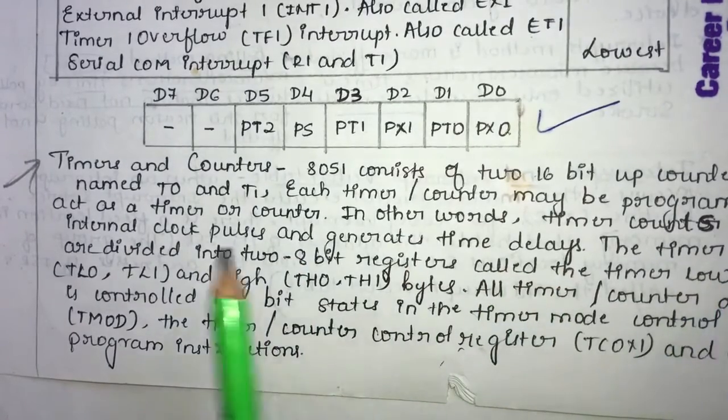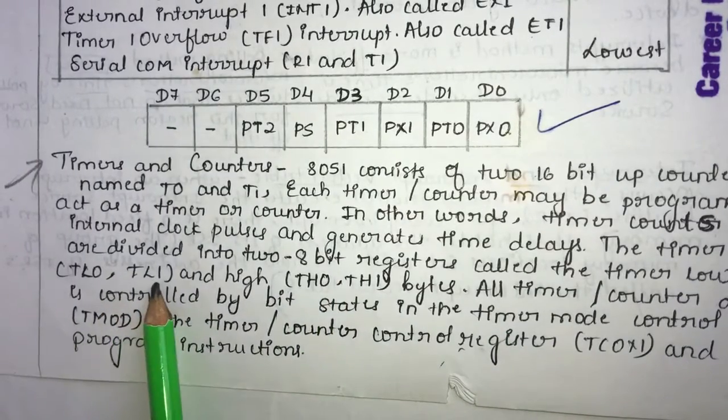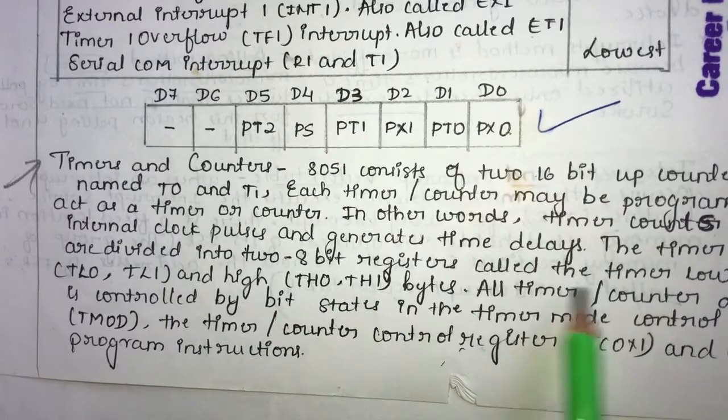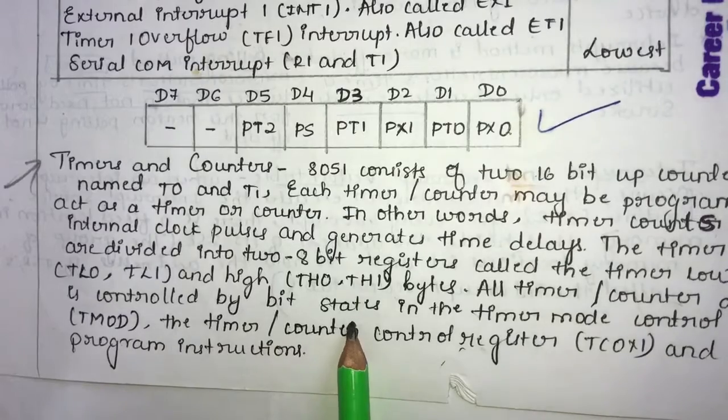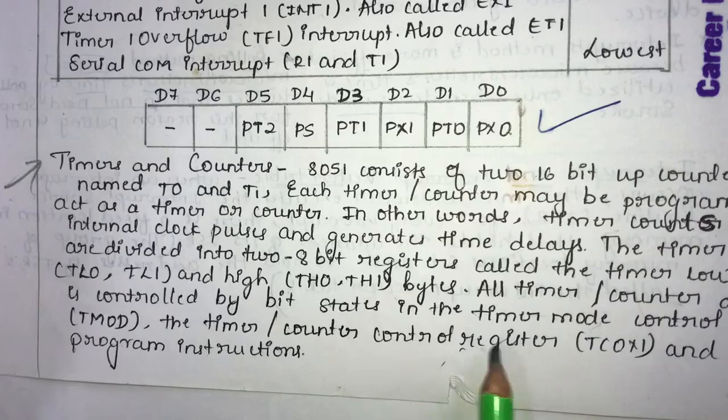This timer or counter is divided into two 8-bit registers called TL0, TL1 low bytes and TH0, TH1 high bytes. All the timer or counter action is controlled by the bit states in the timer mode control register, that is TMOD, and the timer control register TCON, and certain program instructions.